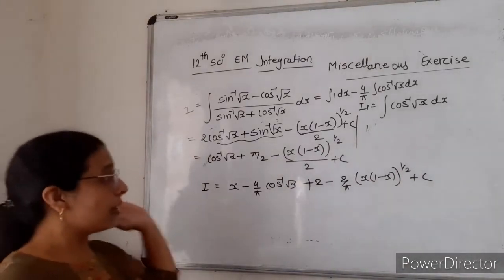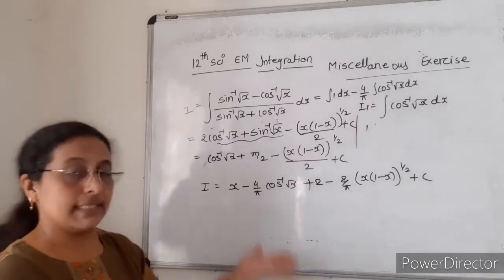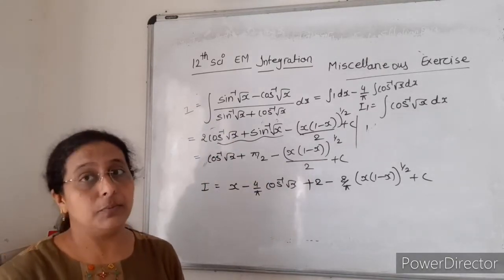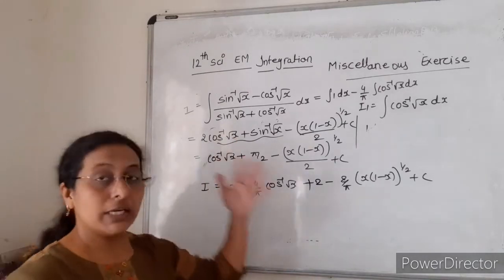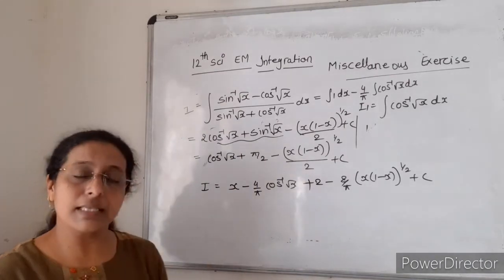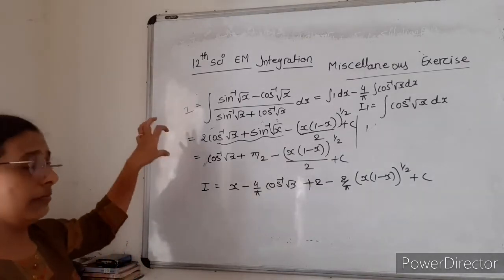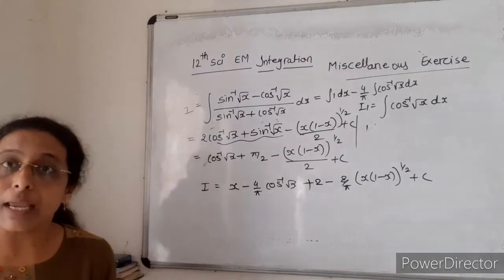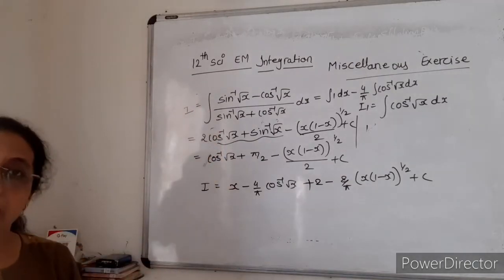We can also simplify further, but there is no need. It is too long a sum, right? They ask it for 4 marks. Be careful for that. And if you change the method, the answer can be changed. So don't be afraid that the answer has come out different. Maybe that, because if you change the method, then it can change.